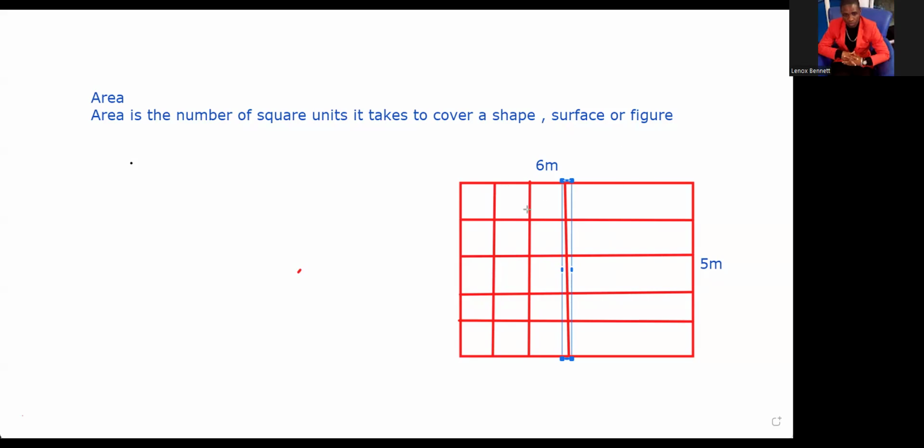1, 2, 3. One more. 1, 2, 3, 4. Just split it in 2.